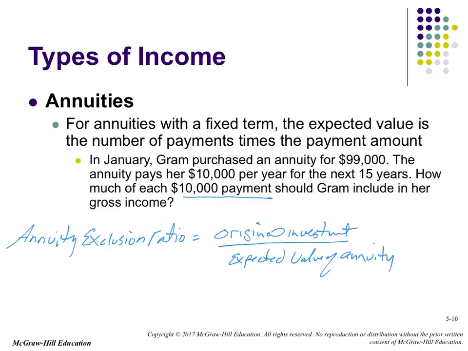A couple of things to notice about this formula. First of all, this is an exclusion ratio. Why do we care that this is an exclusion ratio?